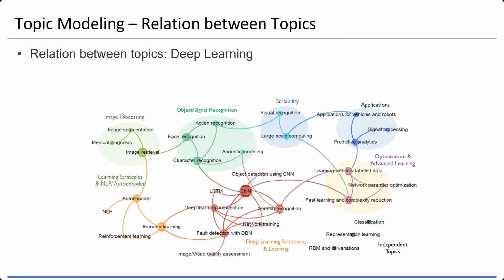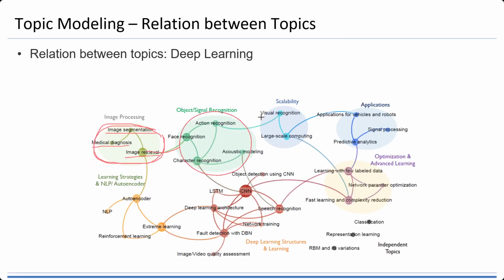And we can find the relationship. For example, I know that if it is about image processing, then these words are frequent: image segmentation, medical diagnosis, image retrieval. And if we deal with image processing, most probably it is correlated with another topic, which is about object or signal recognition.